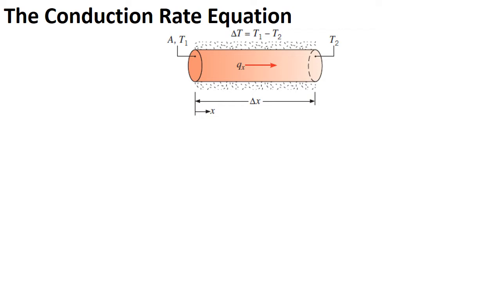If the lateral side of the rod is perfectly insulated, heat will flow only in the longitudinal direction and no heat will flow in the lateral direction, or heat will flow only in the x direction, as clearly seen in this figure.